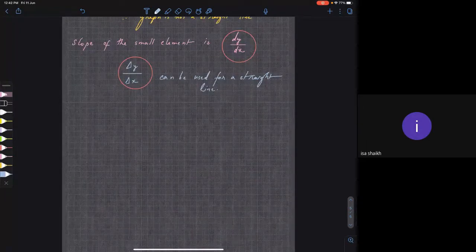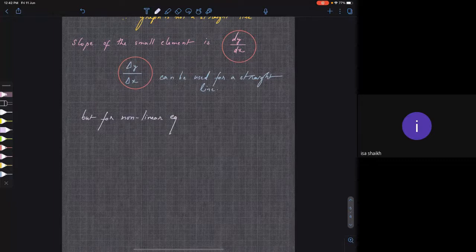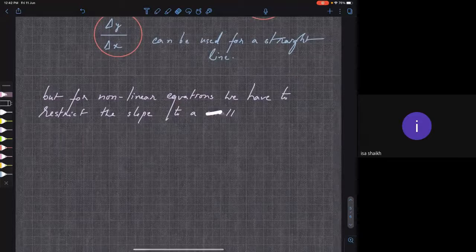But for nonlinear equations, we have to restrict the slope to a small range. Range बोल सकते हैं ना उसको.